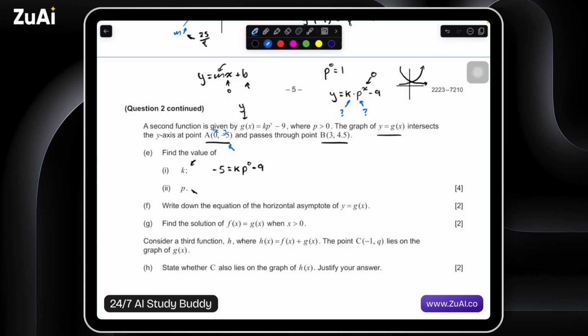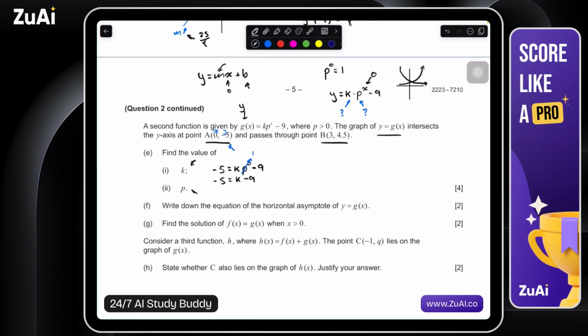And we said earlier that p to the power of 0 was just 1. So now we have negative 5 is equal to k minus 9. And with just a little algebra, we have k is equal to 4. Alright, so that's the value of k.